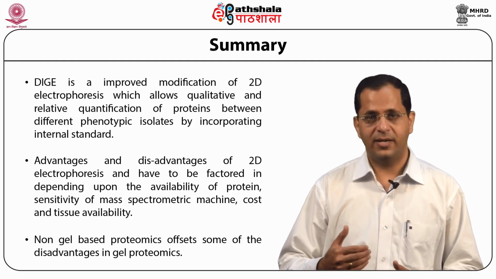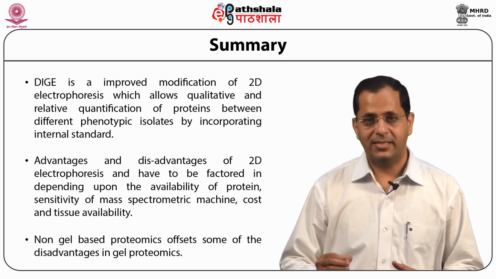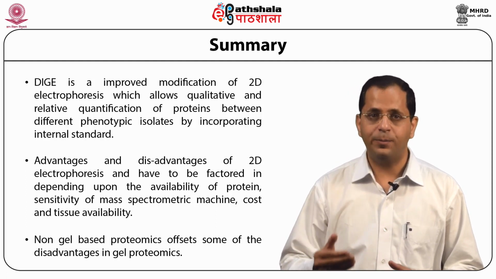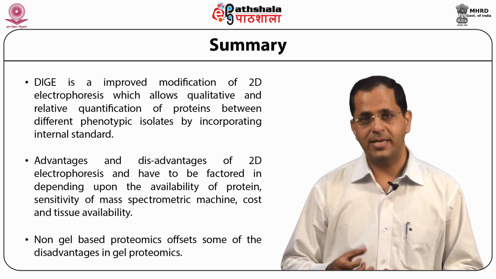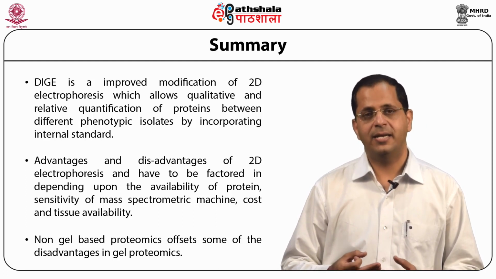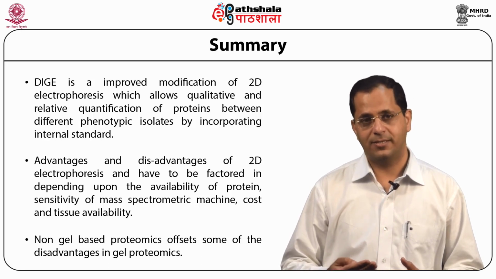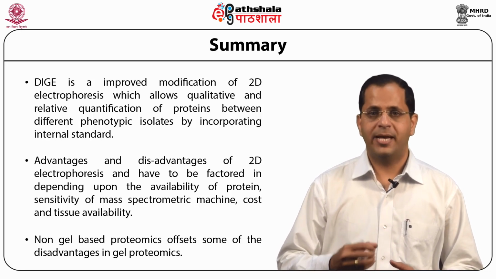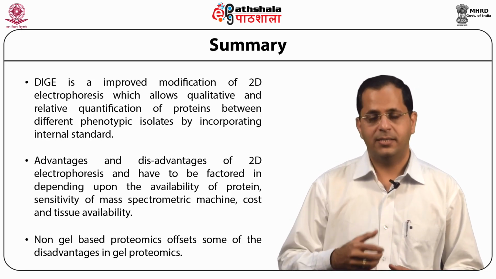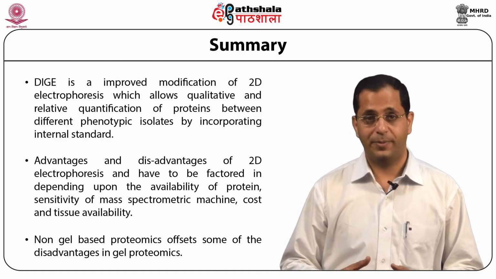There are advantages and disadvantages of this technique, which have to be factored in depending upon the availability of protein, sensitivity of the mass spectrometric machine, the cost, and most importantly, the availability of tissue samples. To an extent, non-gel based proteomics has been able to offset some of the disadvantages that are seen in gel based proteomics.